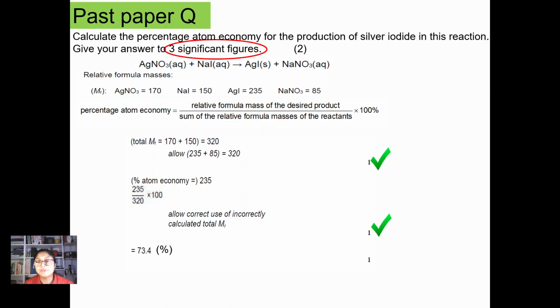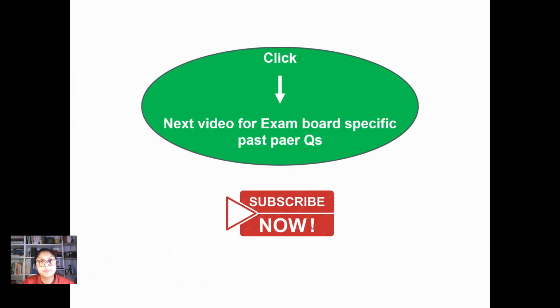That means you write the number using 3 meaningful digits, starting from the first non-zero digit. If you have a longer number on your calculator, you round it and get 73.4, the final answer, and that is the full 3 marks. On the top it says 2 marks, that's not right, it is 3 marks for all 3 steps.